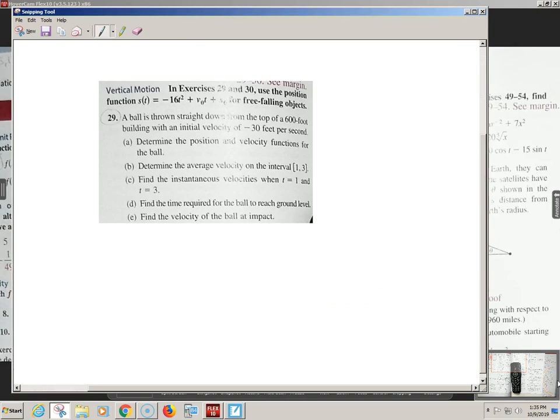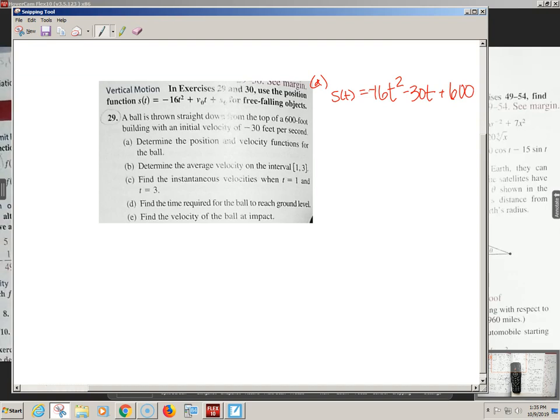What do we got? A question. Here's something nice about tomorrow. It's okay, I'll tell you now. This one's thrown, which means this one has, for its position function, an initial velocity, which is why there's not only the negative 16t squared, there's also a negative 30t with the 600-foot building.